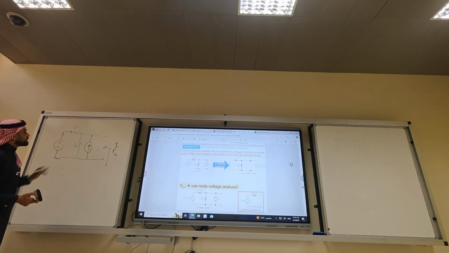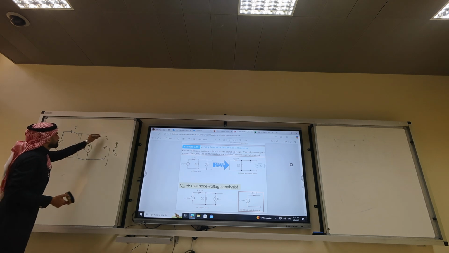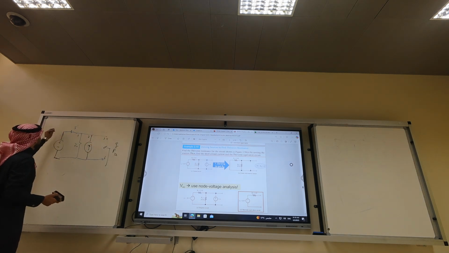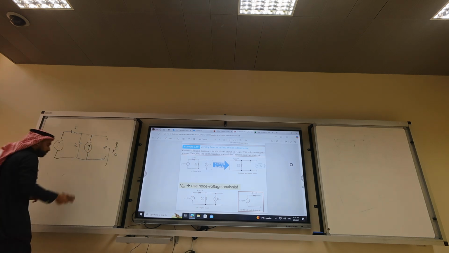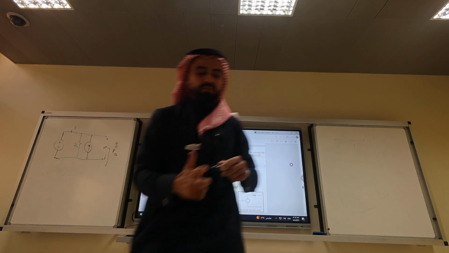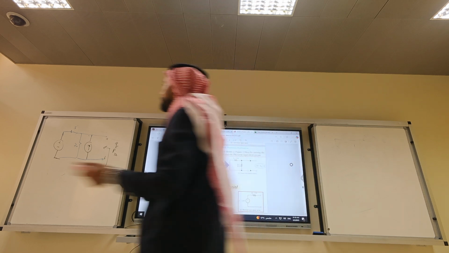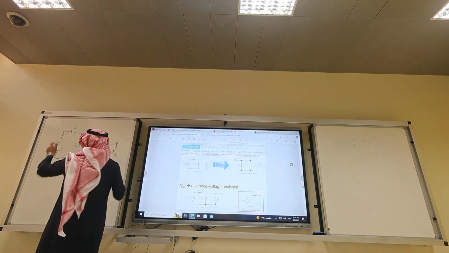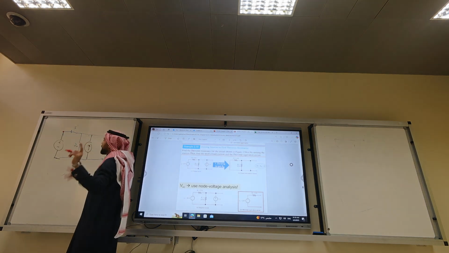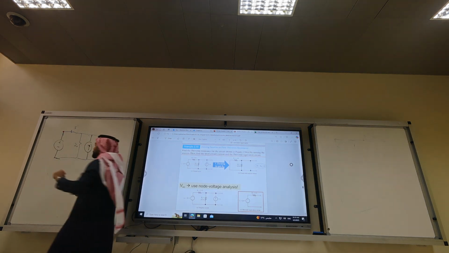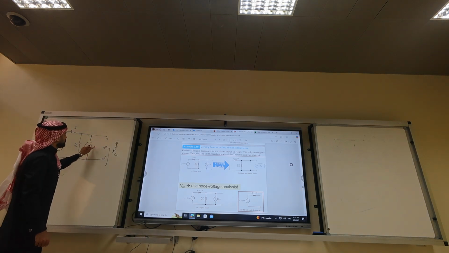How many nodes in that circuit? 3. Why 3? 1, 2, 3. Are those 3 nodes? No. Okay, we want professionals. Who are the professionals who would name the nodes for us? Okay, so we have one node here. Yes. That's one. What's the other? And I know its voltage, which is what? 20.